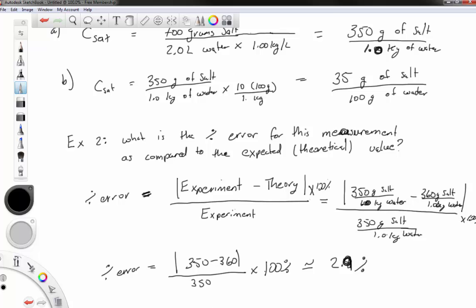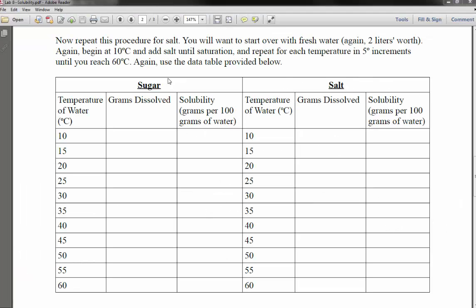Okay, one last thing to calculate here, which is that we now have an experimental value for how much salt was dissolved in the water at 25 degrees C. So how do you get it for 30 degrees C? Well, you basically add a little bit of salt at a time in 5 gram or 10 gram increments until you reach a saturation value here.